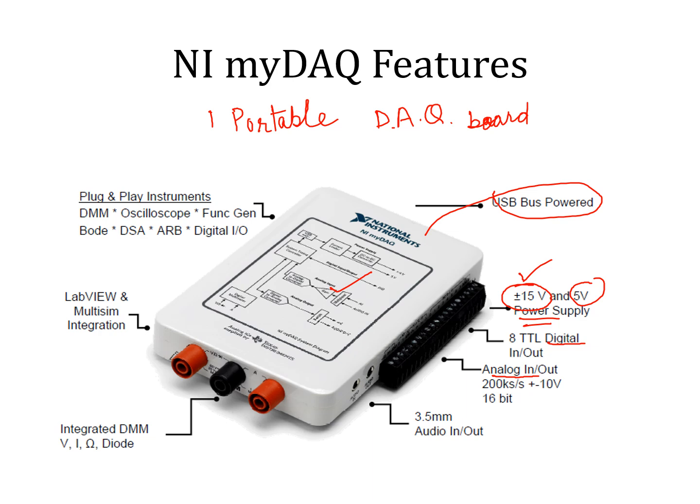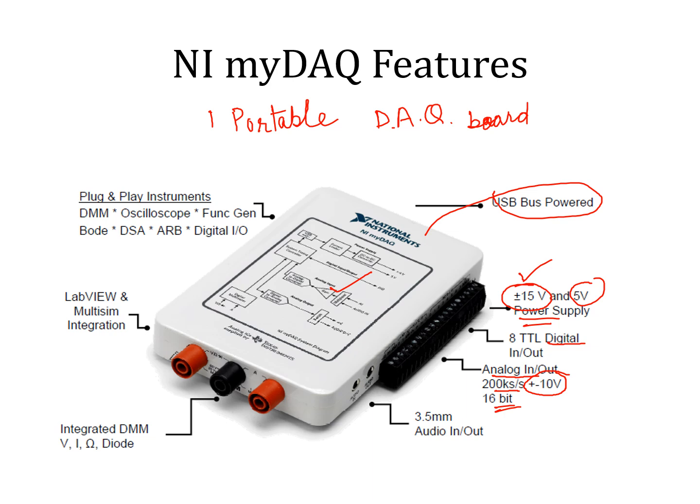Then the internal circuitry will get automatically energized, and it can handle 16 bit conversion with a sampling rate of 20 kilo samples per second, that is the sampling rate of this particular DAC card, and it can handle up to plus minus 10 volt signals.